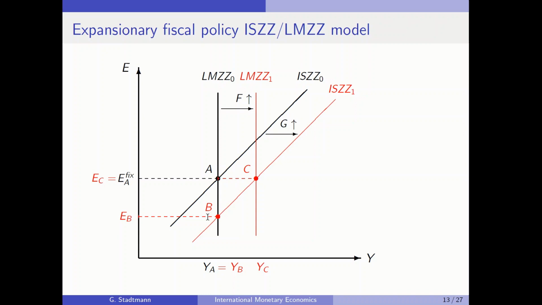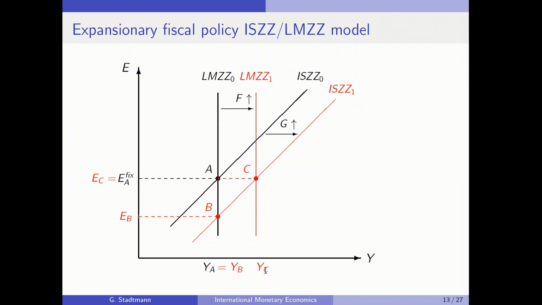And hence, the effect of an expansionary fiscal policy on GDP is still there. An expansionary fiscal policy is able to affect the output variable, and hence an expansionary fiscal policy is an option to increase GDP and to fight unemployment.